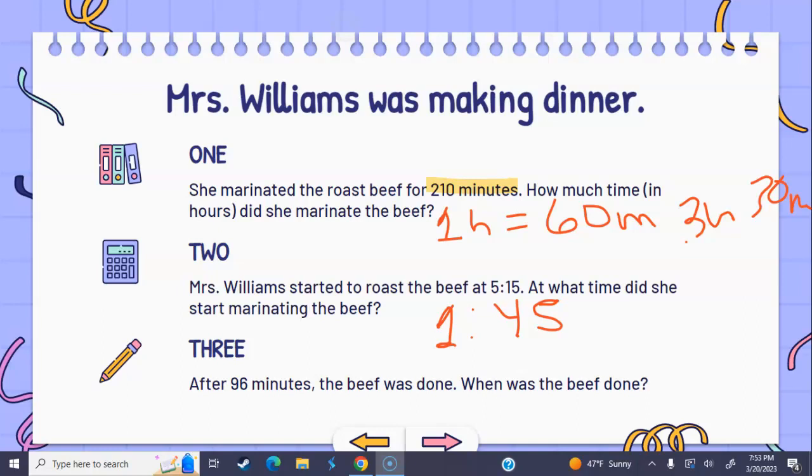So 96 minus 60 is going to end up being 36. So we need to add an hour to that, so that would be 6. And then we know we have 36 left. So 36 plus 15, which means that this was done at 6:51.